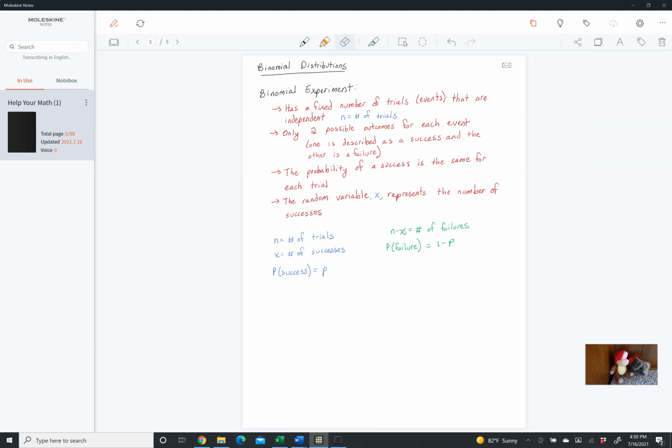So whatever is left over is going to be the probability of a failure. And just as a reminder, this notation is the probability of a success. This notation is the probability of a failure.